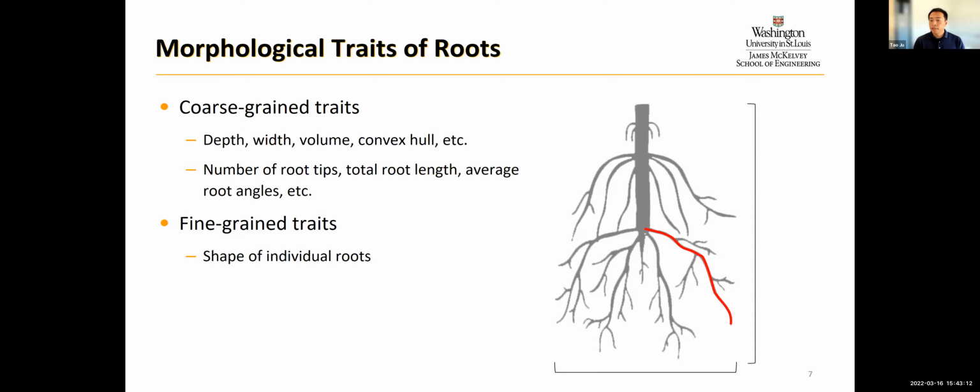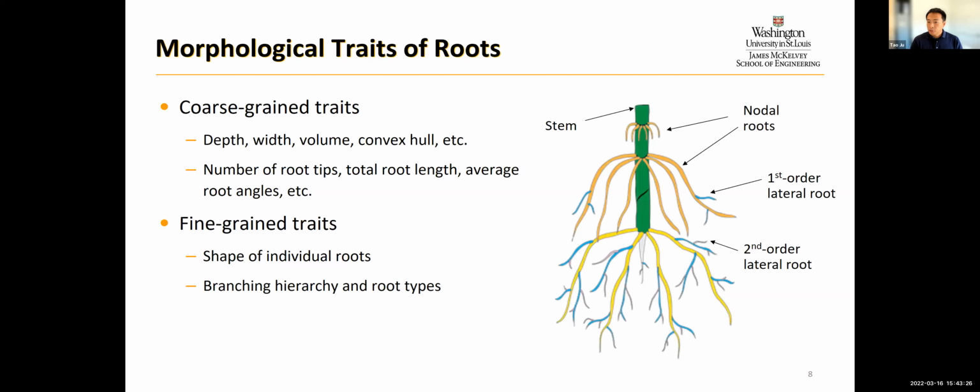So roots, they either grow directly from the seed region, or they grow from existing roots. So there is a natural or inherent ordering among the roots as the roots grow. The biologists are very interested in this hierarchy ordering of how the roots grow, because that tells them how the roots grow to what they are now. So this developmental aspect is extremely important for biologists.